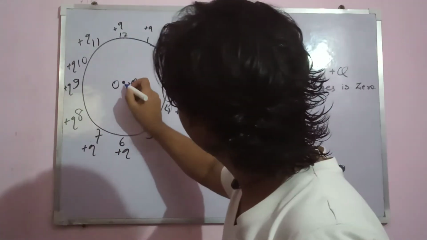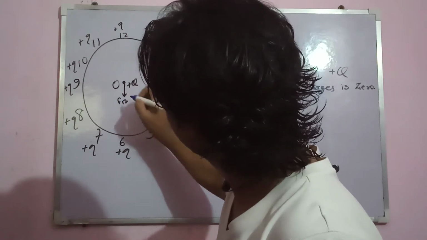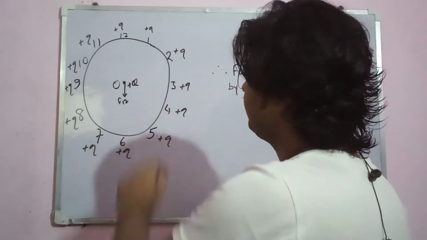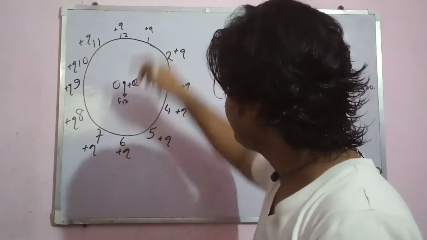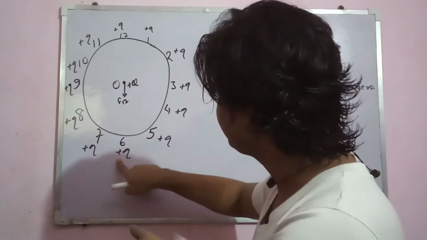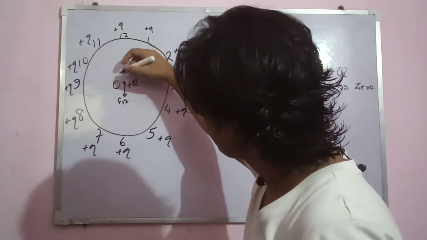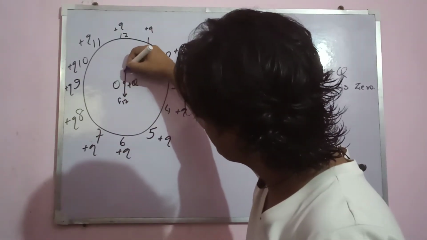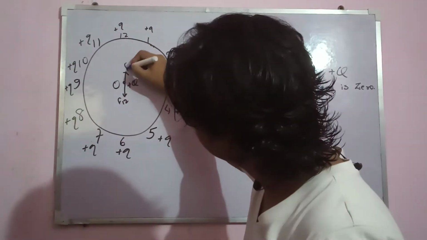They repel each other and that's why the force here is F12 by 12 over O. Similarly, 6 is directly opposite to 12 and so this charge here is directly opposite to plus Q and hence the force by plus Q at 6 is in this direction.